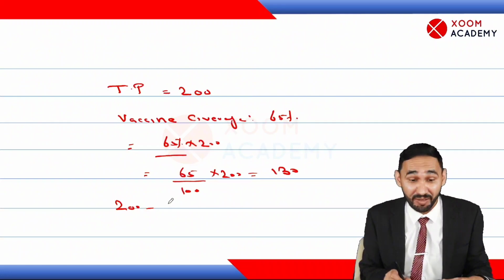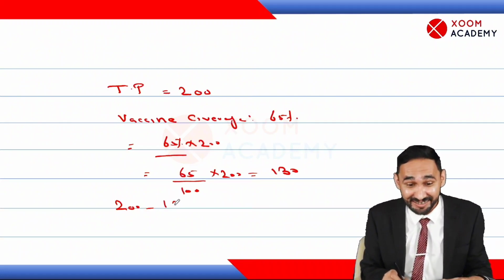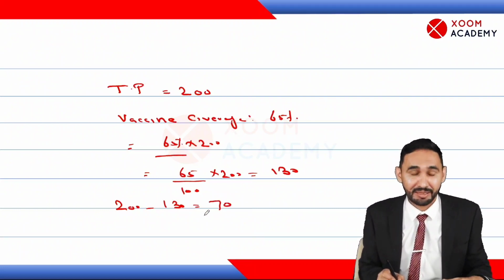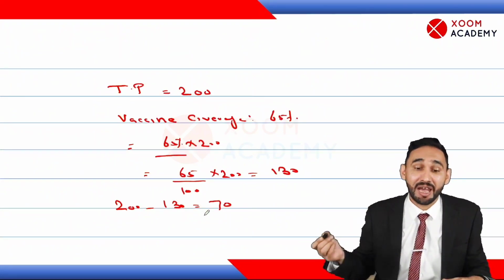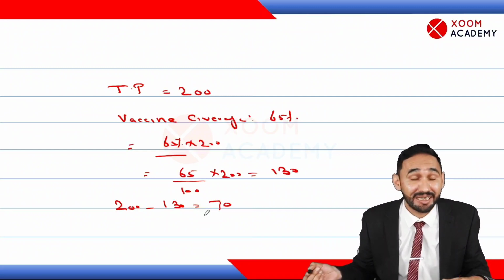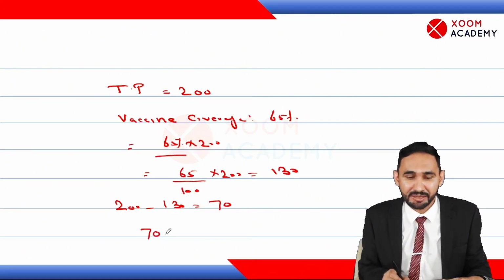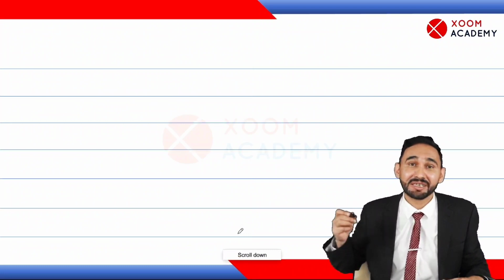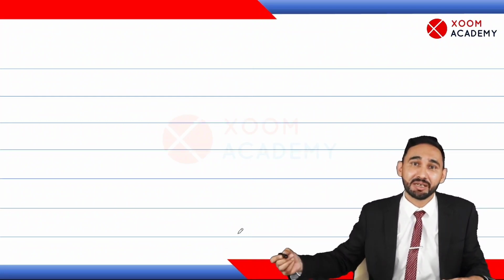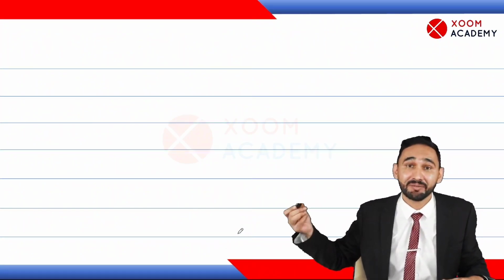We will subtract 130 because they are not at risk. There are 70 children. But as we know, the primary case who is infected is also not susceptible. So from 70 children we will subtract one primary case. So total susceptible will be 69. 69 children are vulnerable to develop measles in the village.